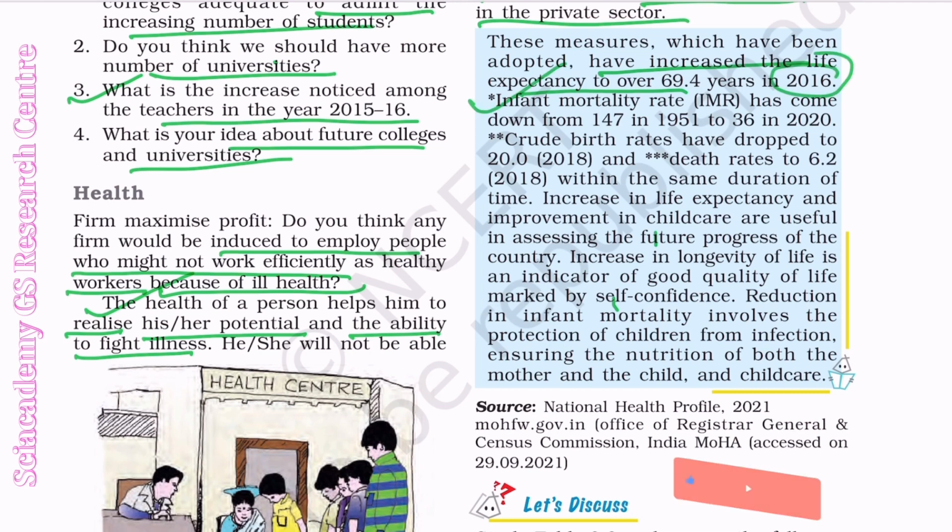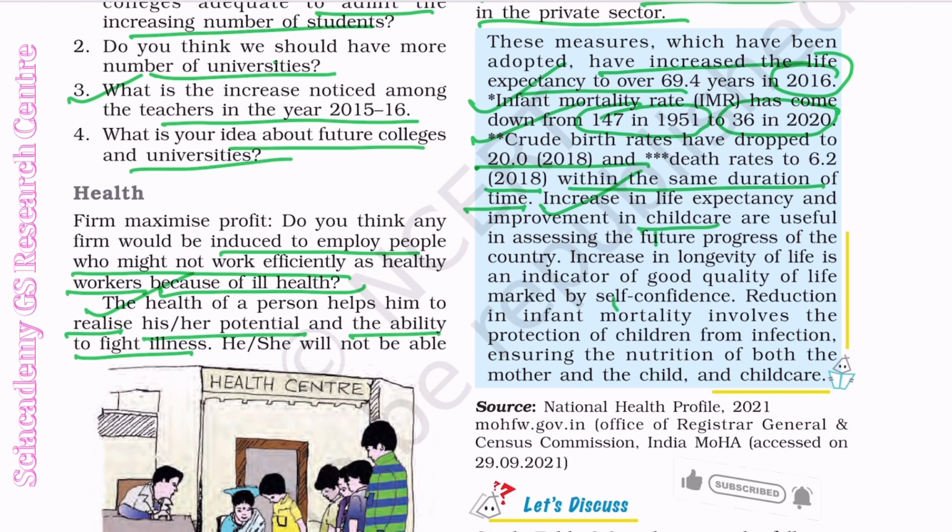Infant mortality rate, that is IMR, has come down from 147 in 1951 to 36 in 2020. The crude birth rate has dropped, and death rates to 6.2 in 2018, within the same duration of time. Increase in life expectancy and improvement in child care are useful in assessing the future progress of the country.